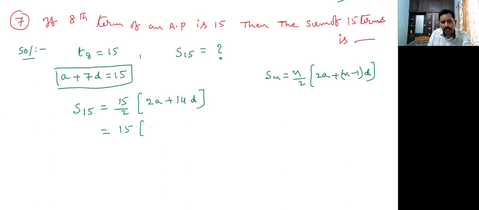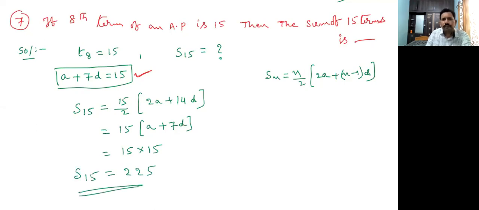Remaining is 15 into a plus 7d. We know that a plus 7d value already. Just substitute here, 15 into a plus 7d value 15. 15 15s are 225. This is the sum of 15 terms.